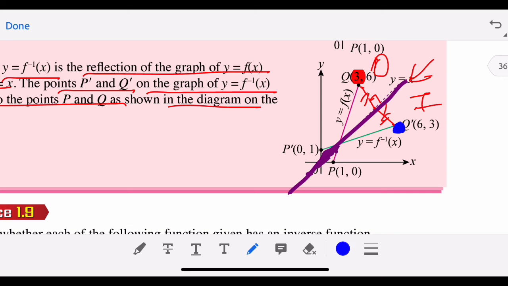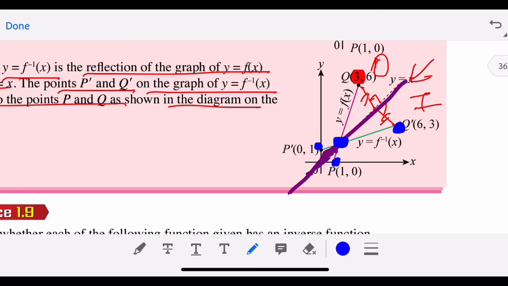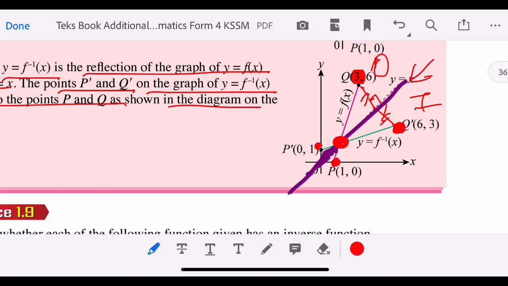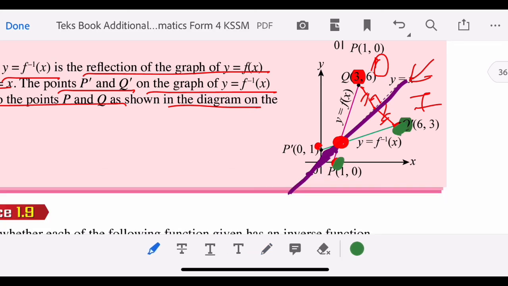And here you can find more points. You can find at least 2 points so that you can draw the straight line. This is the image, the green one, and the object I'm using the blue one.